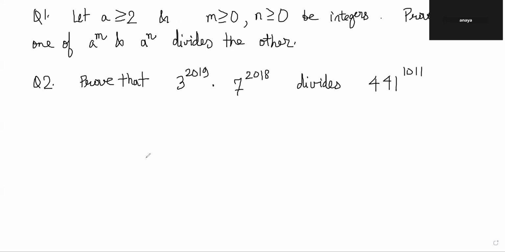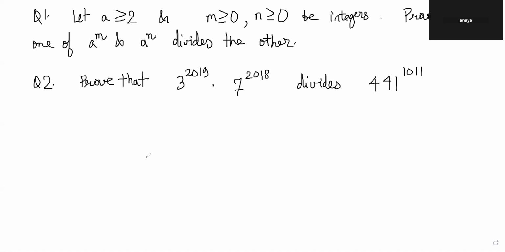You can assume without loss of generality that one of them is bigger than the other, M is greater than N or something. Case one. Can you just say that, like, suppose N is greater than M, so you could just say that A^M times A^(N minus M) is going to be equal to A^N? So basically, both of them are integers now.